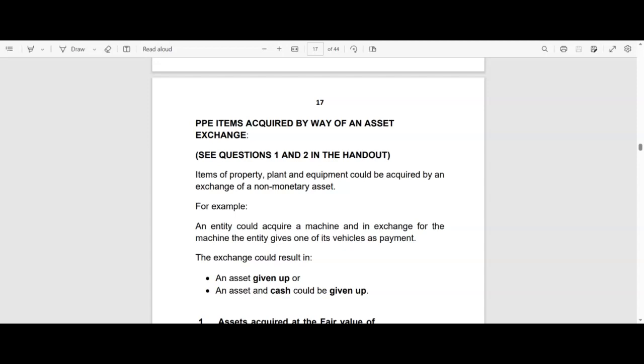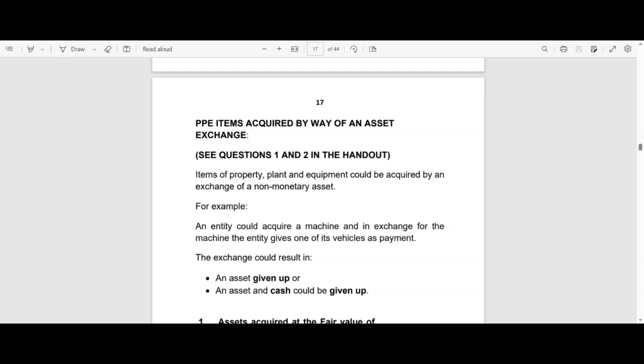That is any cost that is necessarily incurred to bring that asset to a location or condition where it can be used as management intends. And the third possibility, as you remember from financial accounting, is certain future costs.